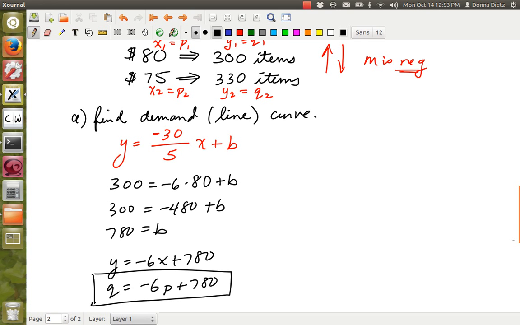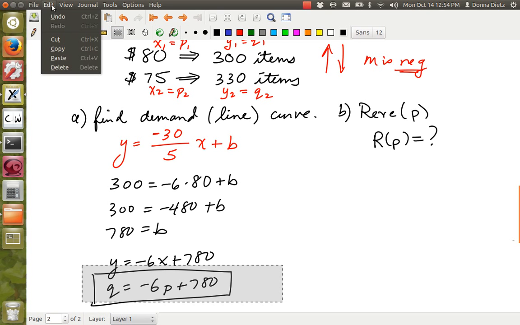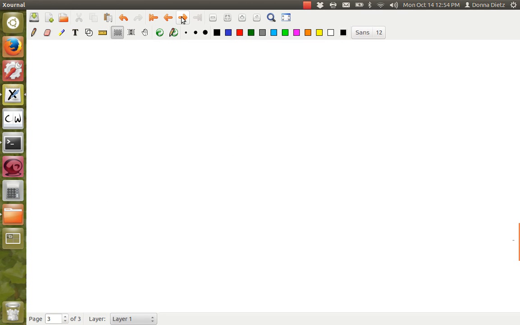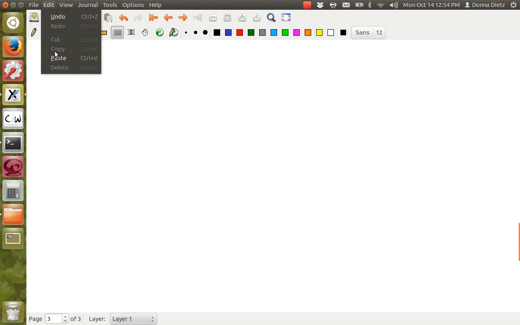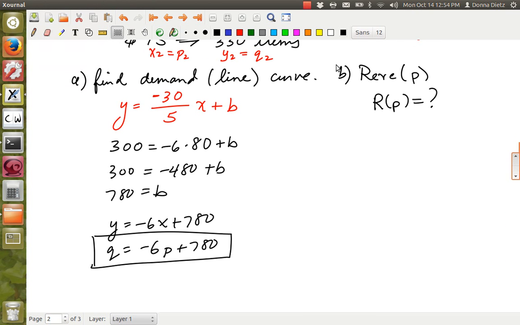Okay, and the next thing is find the revenue as a function of price. R as a function of P is what? So what we do is we take this bit here, edit, paste this in here, and this piece I want to just cut and put down below.